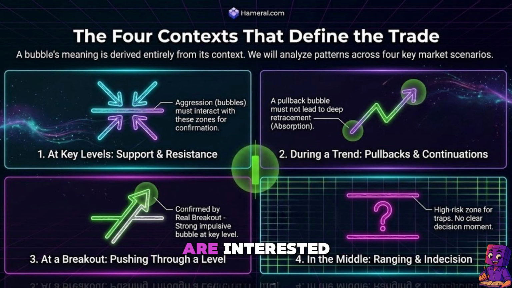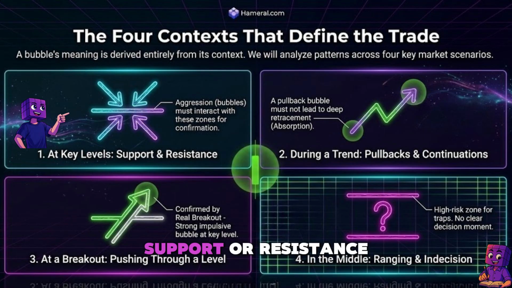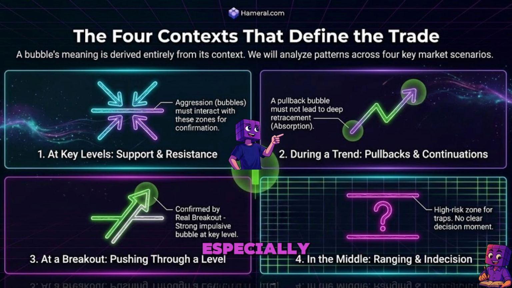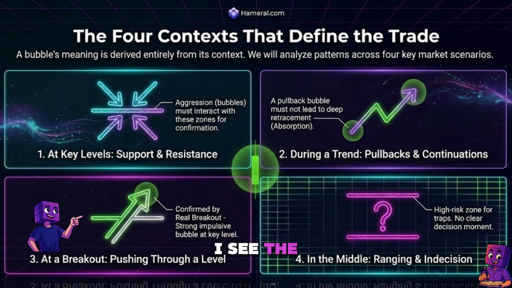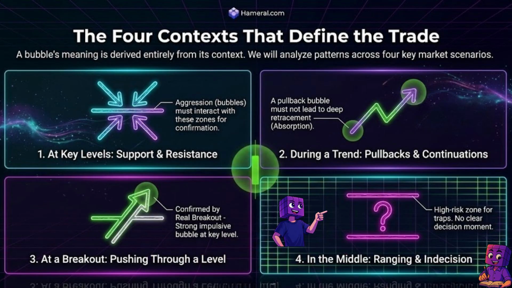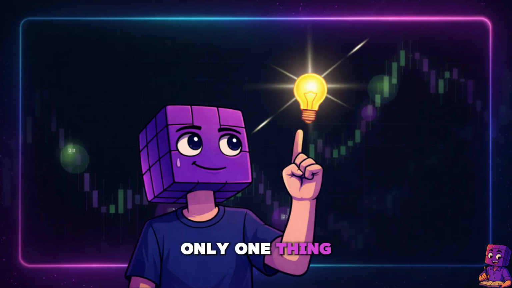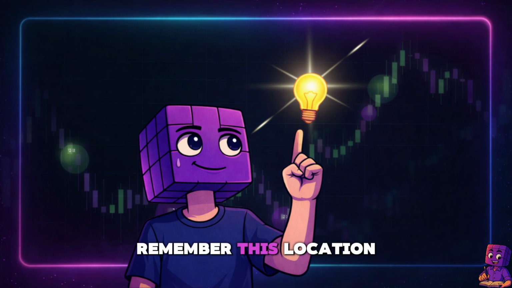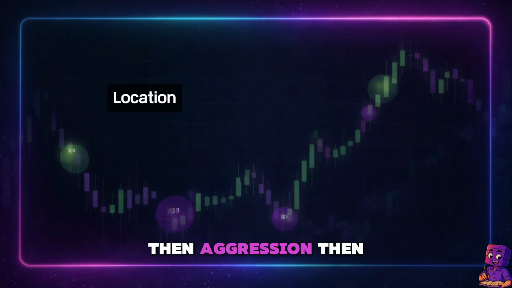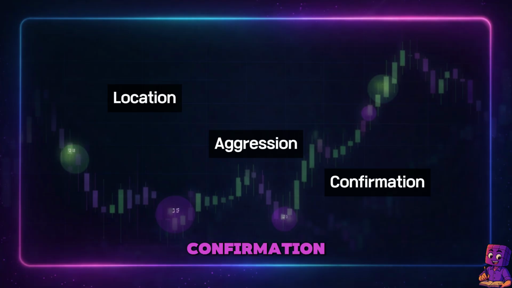But most often, we are interested in big trade bubbles at key levels like support or resistance; during a trend, especially at pullbacks and continuations; and at a breakout, where we see the push through a level. In the middle of a range, just observe the bubbles. It's better not to make decisions there. If you remember only one thing from this video, remember this: location first, then aggression, then confirmation.